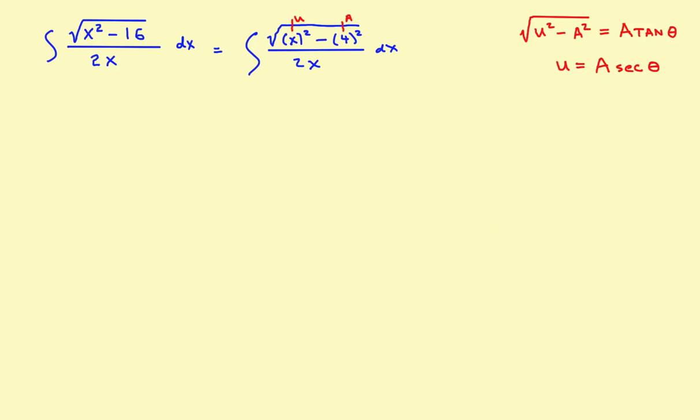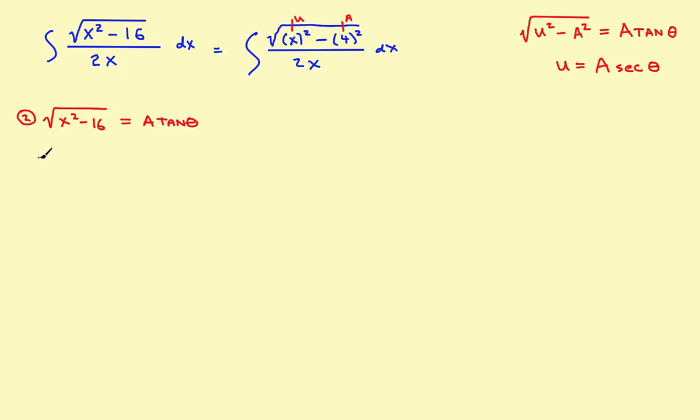So this will be step number 2, and again, I think we'll do it in red just to stay consistent here. What step number 2 says is change the square root. So the square root here is the square root of, now originally it was x squared minus 16, and we're going to change it into a times the tangent of theta.